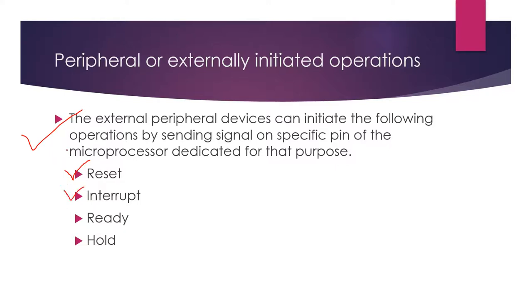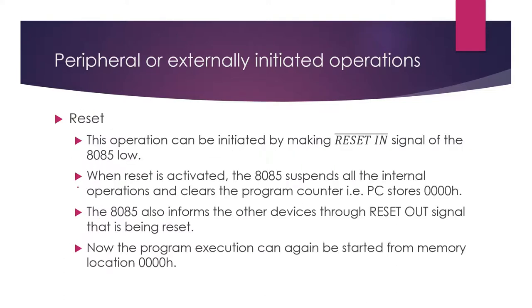The interrupt pin is used to give an interrupt to the microprocessor. The ready pin is used for synchronization with a slow device. The hold pin is used to get control over the system bus to transfer data directly between peripheral and memory. So let us start with reset.